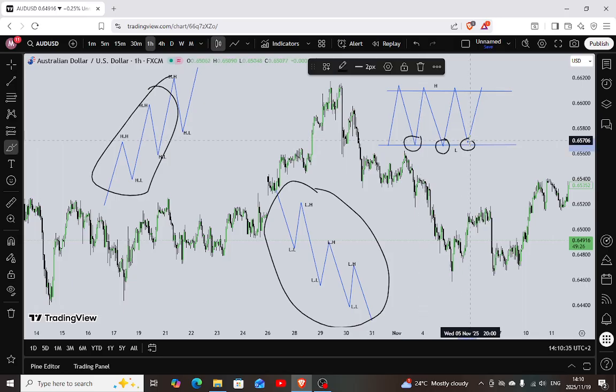It's a support area. So more than likely, the market might push up, but you don't know how long it will.